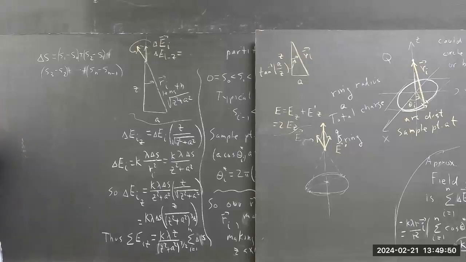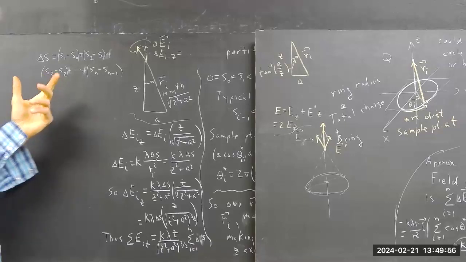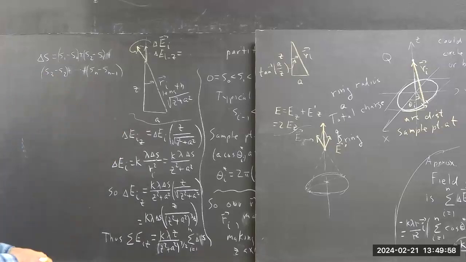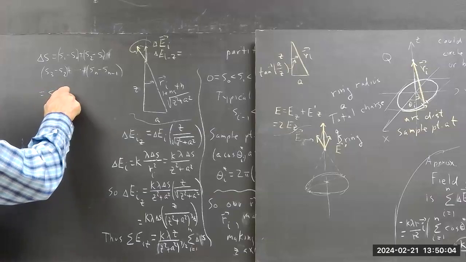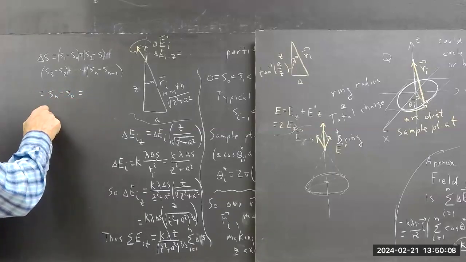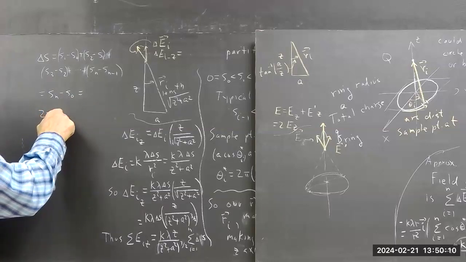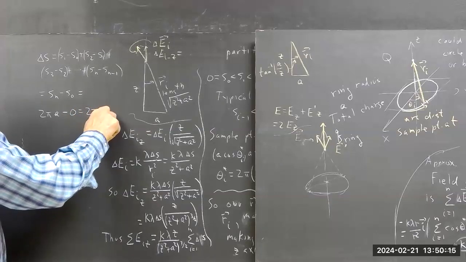But everything subtracts out except Sn. So convince yourself of that because it's an important idea. Sn minus S naught is 2 pi a minus 0, which is 2 pi a.